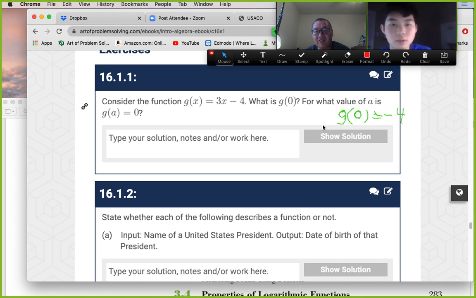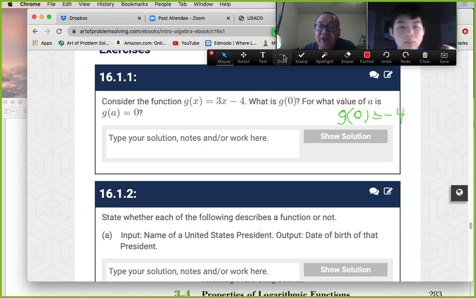Yeah, that's correct. Now, for what value of a is this one equals 0? They ask you to find a. For g of a equals 0, what is a? Is it 0? No. See here, this 0 means output is 0, right?